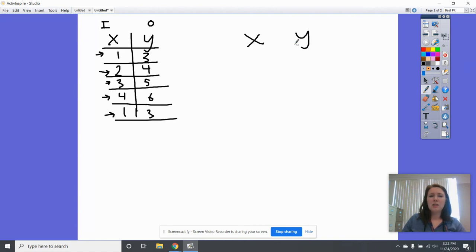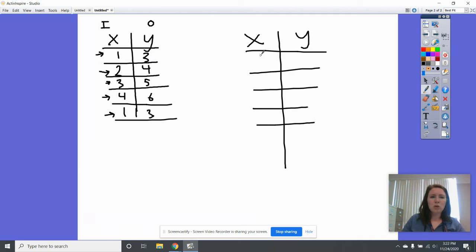Now let's look at another table. What if I have something like this? I could do the same thing, 1, 2, 3, 4, 1. This time, what if I have 3, 4, 5, 6, 7? Now I could look at 2, 3, and 4 and say, oh, cool. If I put in a 2, I know the output's a 4. If I put in a 3, I know the output's a 5.